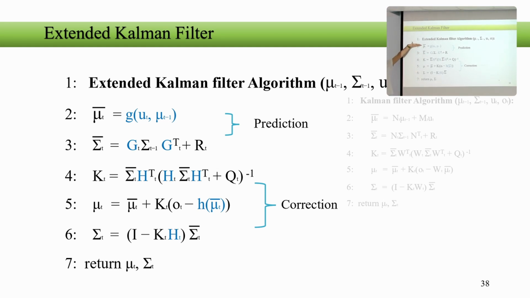After calculating the predicted mean and predicted covariance, what we're supposed to do is calculate the Kalman gain in order to see whether this part or that part is more important to update my prediction. And again here, the Kalman gain can be rewritten. In the Kalman filter, we had matrix W, whose role I explained in detail.